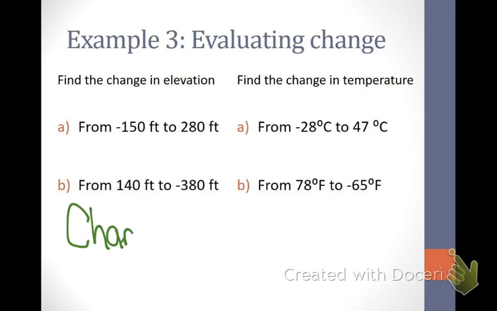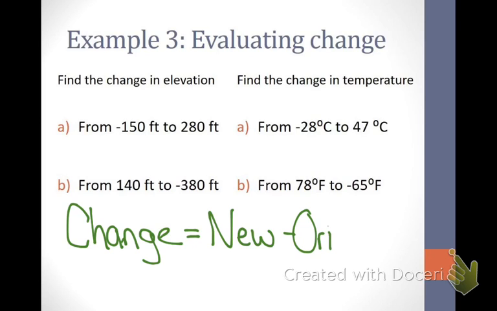The change equals the new minus the original. This may look familiar to you from percent of increase and decrease, that formula. So we have the new either elevation or the new temperature, and I subtract the original. Here's what's important. The subtraction part is built into the formula.